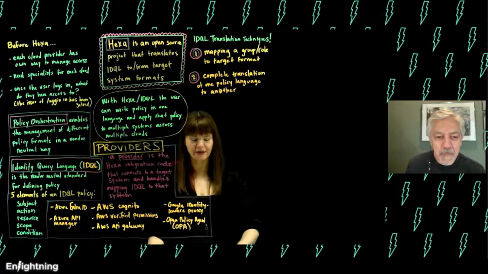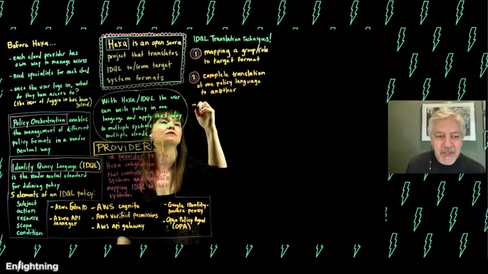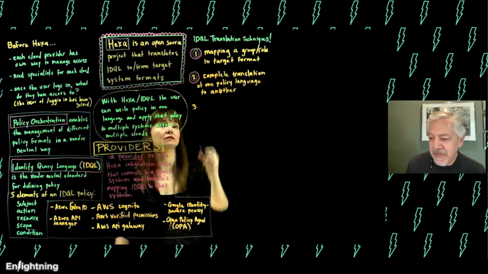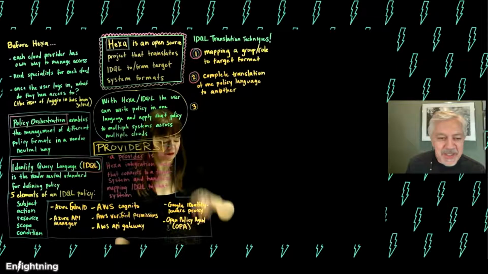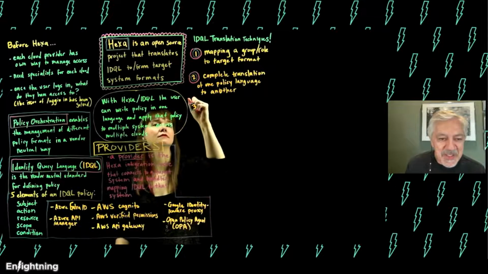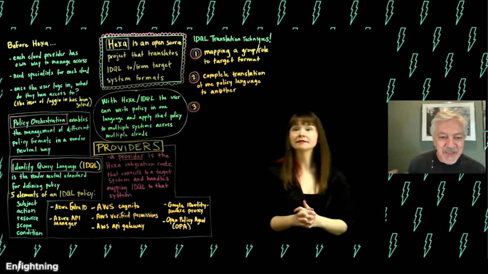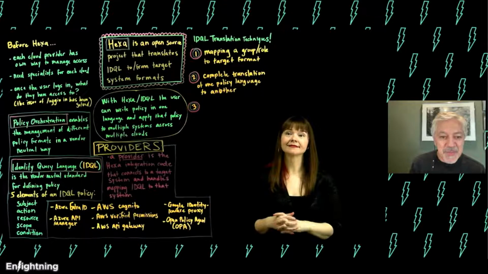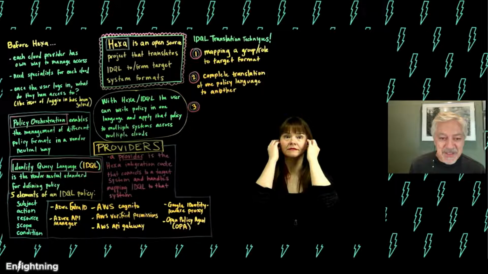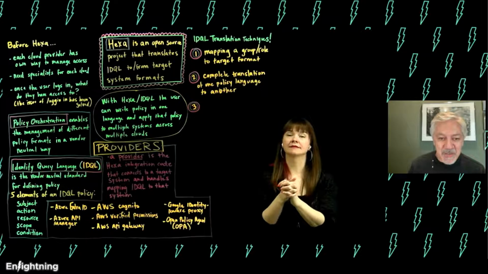Cool. So that's number 2. And number 3 actually relates to OPA, Open Policy Agent. As we were talking about OPA before, Rego is really not just a policy language, it's really a programming language. So we were looking for ways to translate to and from IDQL to Rego or back.